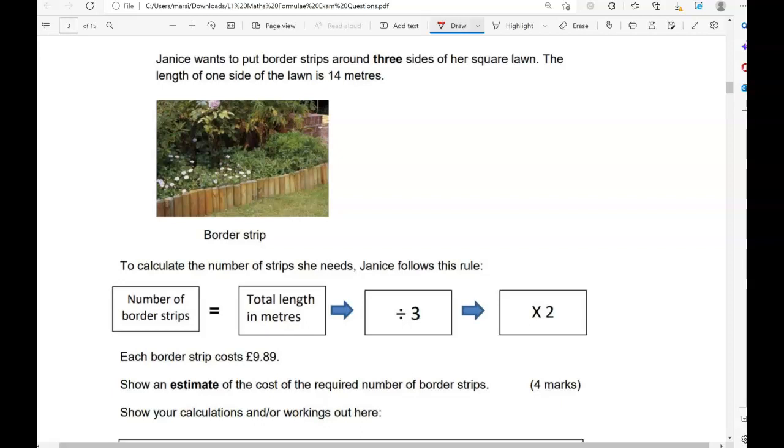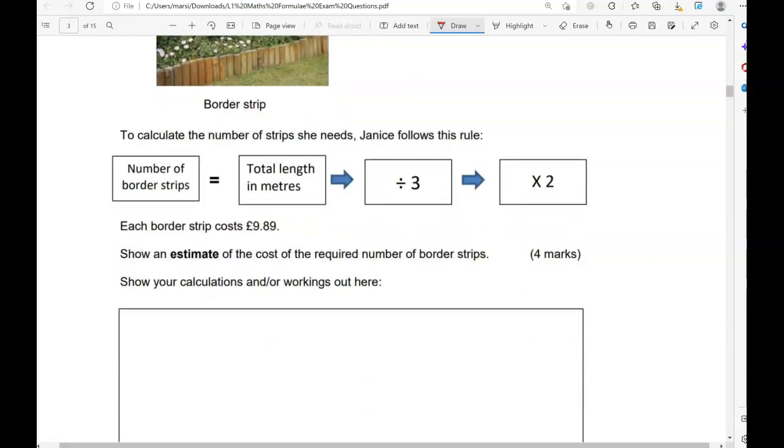So we've got the total length that is in meters, and that is 14 meters for one side, but we're looking at 3 sides. So 3 times 14 is the first step here, or 14 times 3. 3 times 4 is 12, so 2 down, 1 carried over. 3 times 1 is 3, and the 1 is 4.